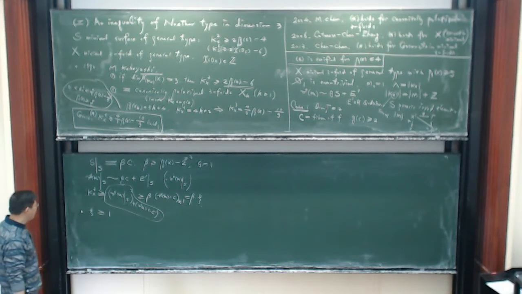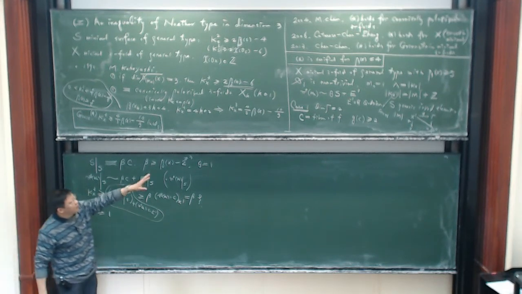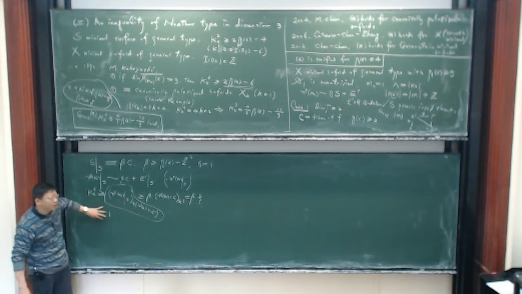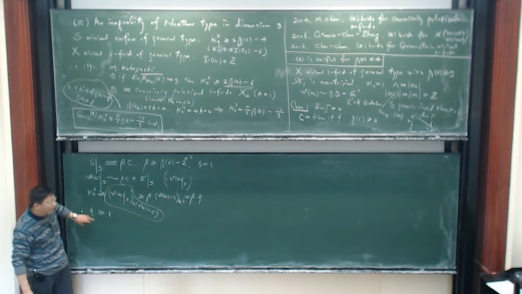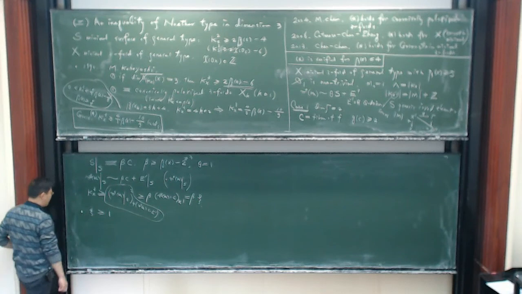Usually this is a rational number. If it is the Gorenstein case and you can prove that psi is strictly larger than 1, then psi should be at least 2. But in general, this is only a rational number.